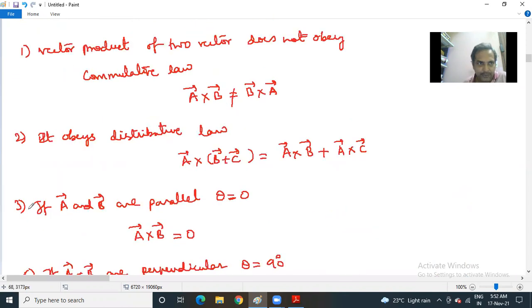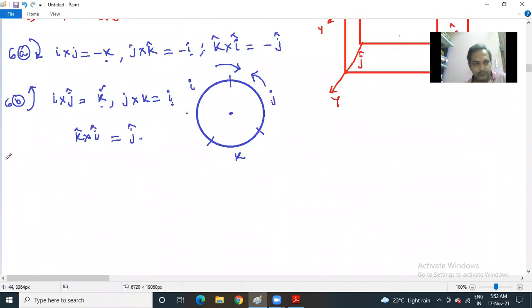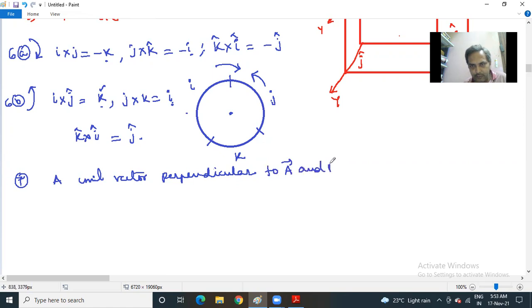Now seventh property: a unit vector perpendicular to both A and B is n cap is equal to A cross B by mod A cross B. So there will be numerical on this.